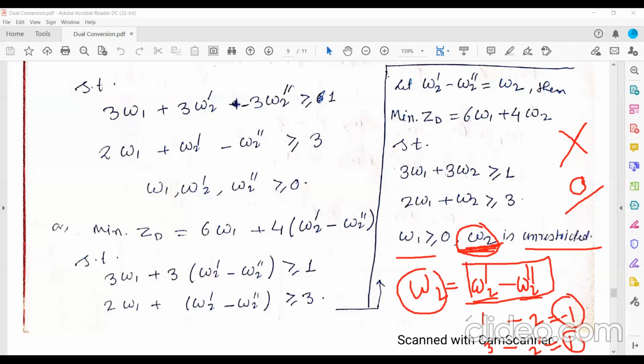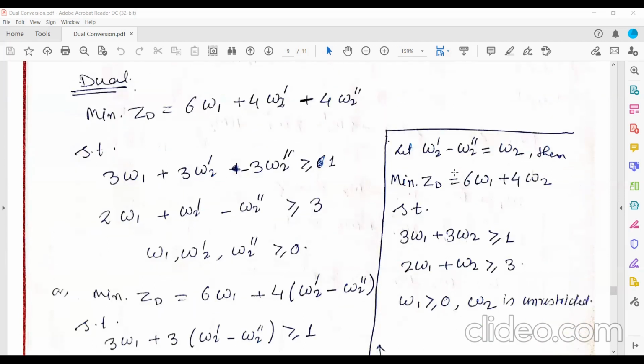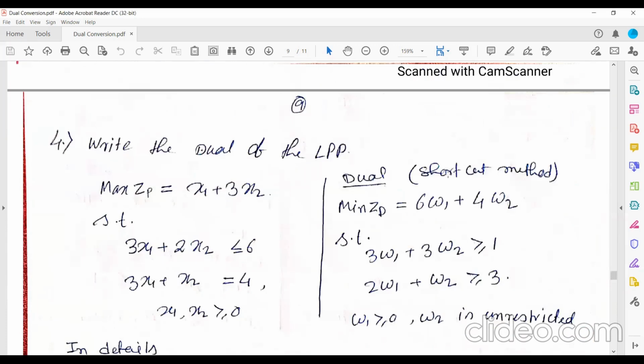It may be negative. So you can't put any restriction on W2, and that's why we need to write W2 is unrestricted. And in the short method, I have already written W2 is unrestricted, because in the second constraint, the equality sign is there. So this W2 will be unrestricted here.